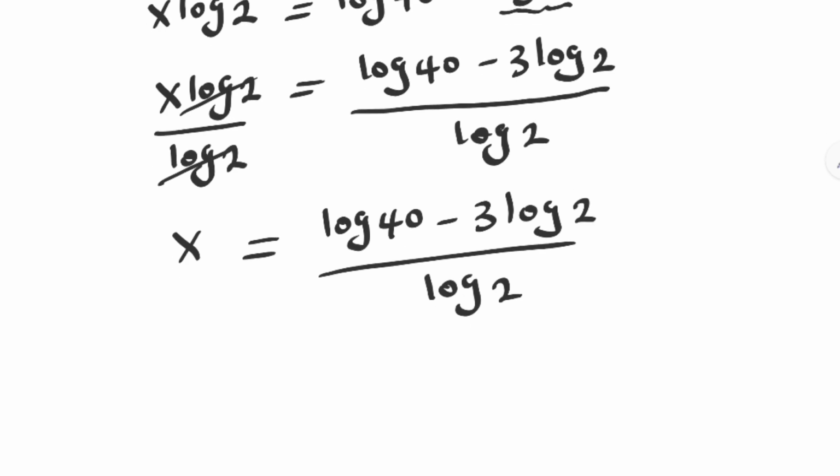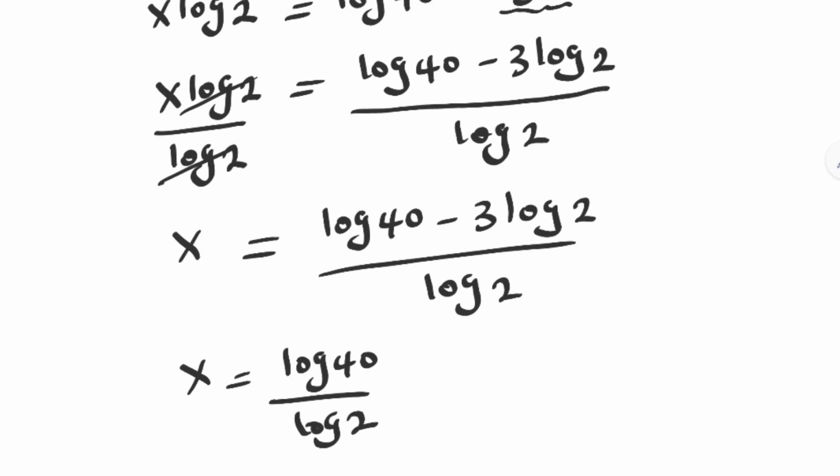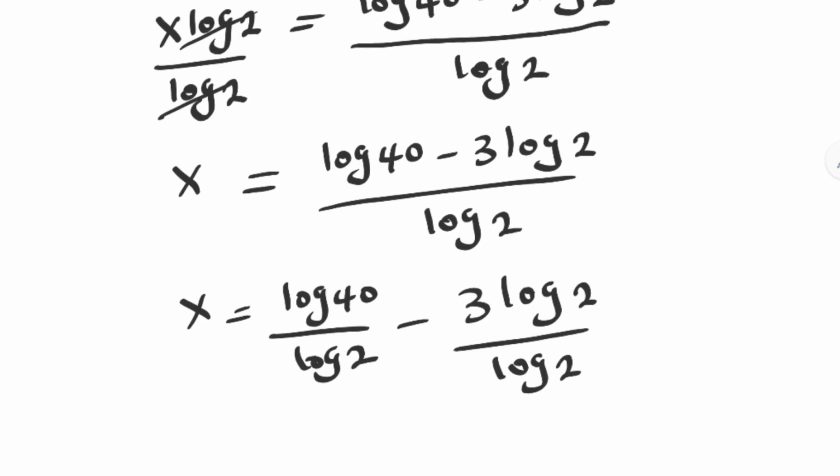Let us split this. x is equal to log 40 over log 2 minus 3 log 2 over log 2.